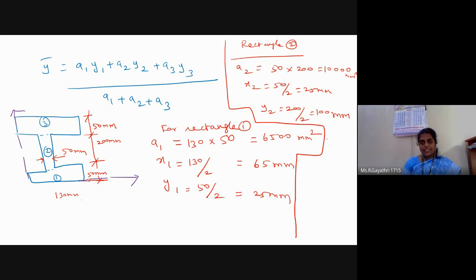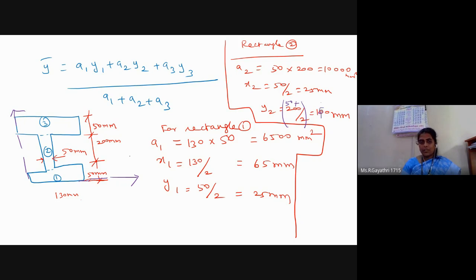So y2 means 200 by 2, correct. We need to consider the previous section depth, 50 plus 200 by 2. So 50 plus 100, 150.